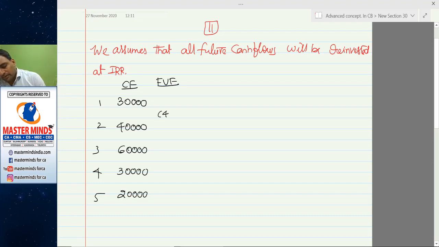This money will be invested for the rest of the period. That is 4 years. This is for 3 years, 2 years, 1 year, 0 years. So we need reinvestment rate at 8%. That means 30,000 invested at 8% for 4 years.